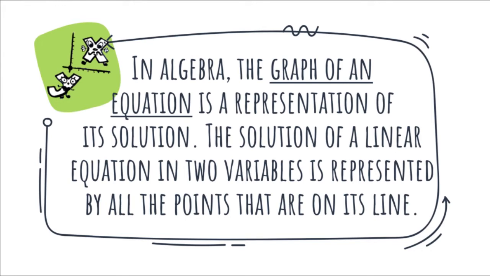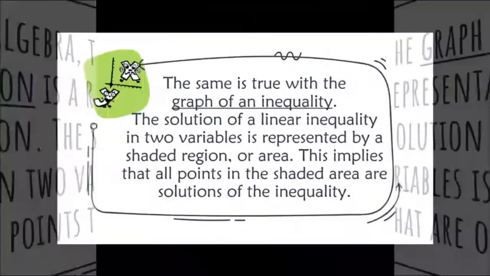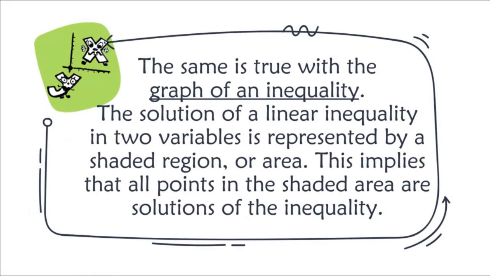The same is true with the graph of an inequality. The solution of a linear inequality in two variables is represented by a shaded region or area. This implies that all points in the shaded area are solutions of the inequality.